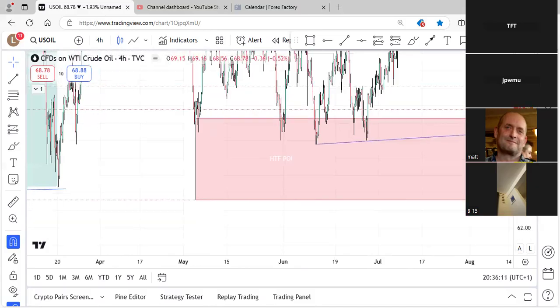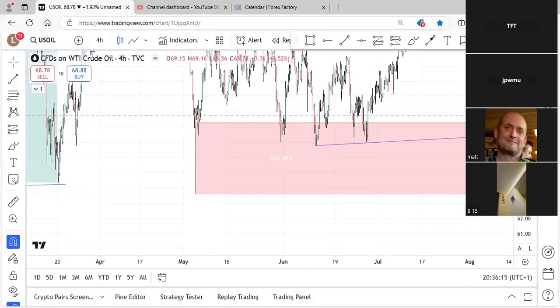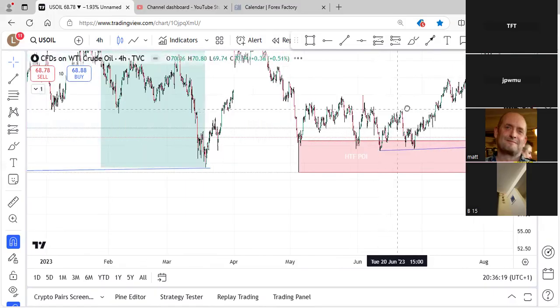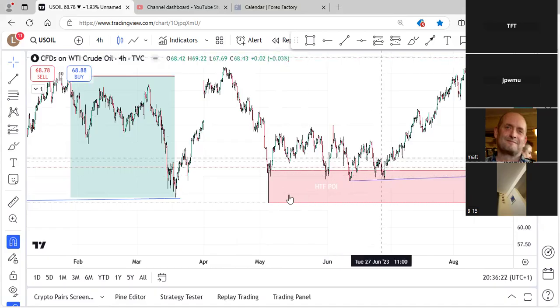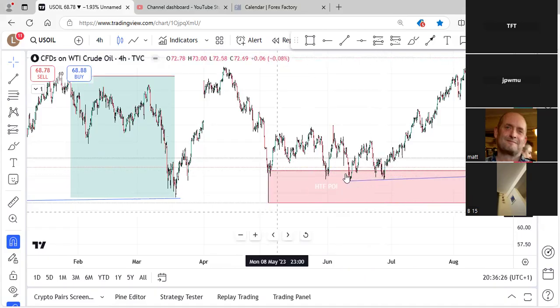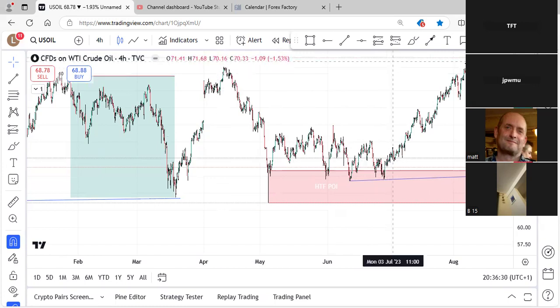The theory is that from this low up until this imbalance is created, like the first imbalance, something in here is where an order takes place to then cause a break of structure. So above here is up here.